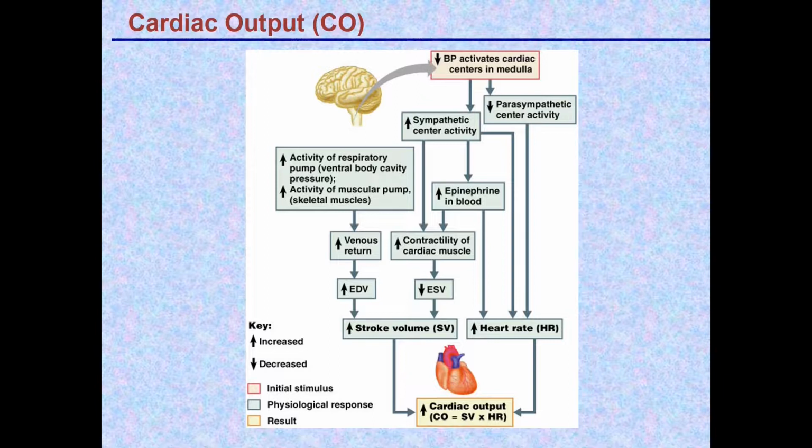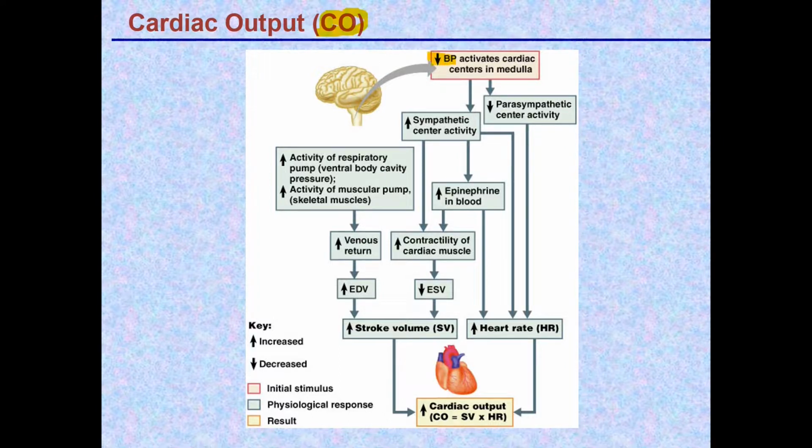This is a flow chart describing that, and we may have done something similar before when we did cardiac physiology. And just to remind you, this does involve the vasculature, particularly venous return. This is the response in terms of cardiac output, what effects on cardiac output if the blood pressure drops.